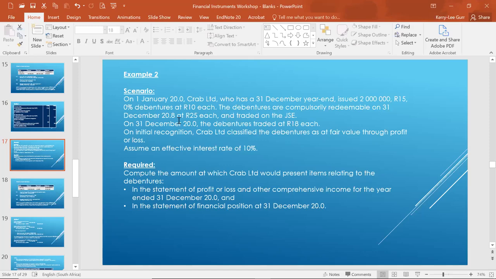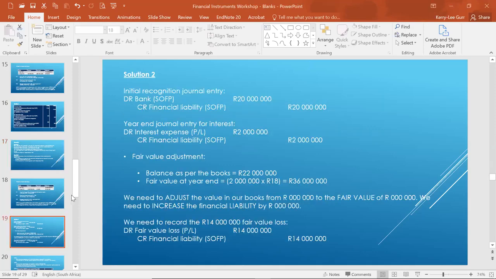But what we are interested in is the fair value at this year end, which is 18 Rand each, because we're using fair value through profit or loss. So when we look at our initial recognition journal entry, we said we're using the fair value, which is what was paid for those debentures, which was 10 Rand each.